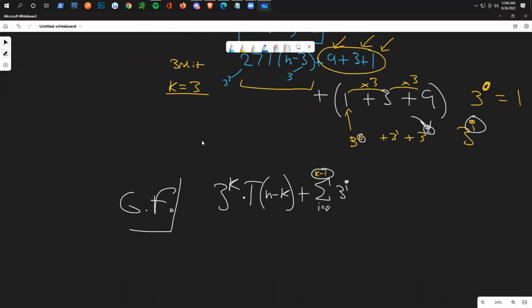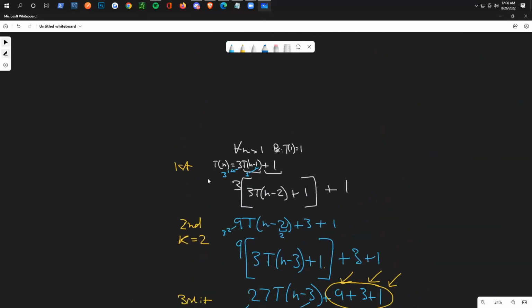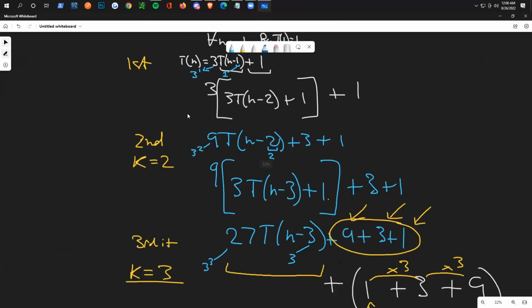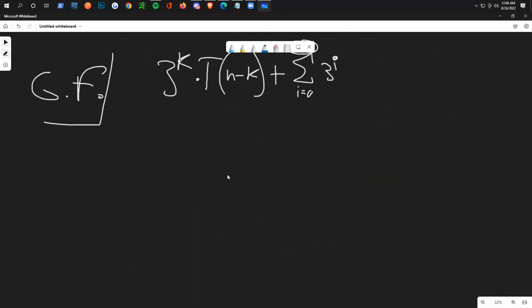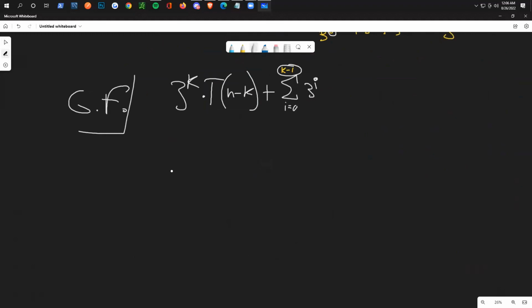And now we can start solving. So let's look at our base case. Our base case is t of 1 equals 1. So what we're going to do, we're going to set what's t of 1, just the 1, and then what's in here equal to each other. So t of 1 equals t of n minus k. Set these two things equal to each other.